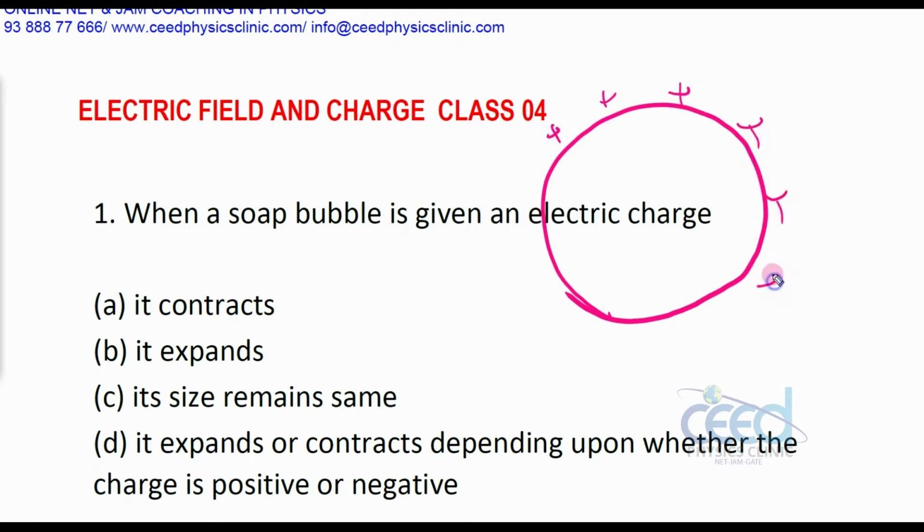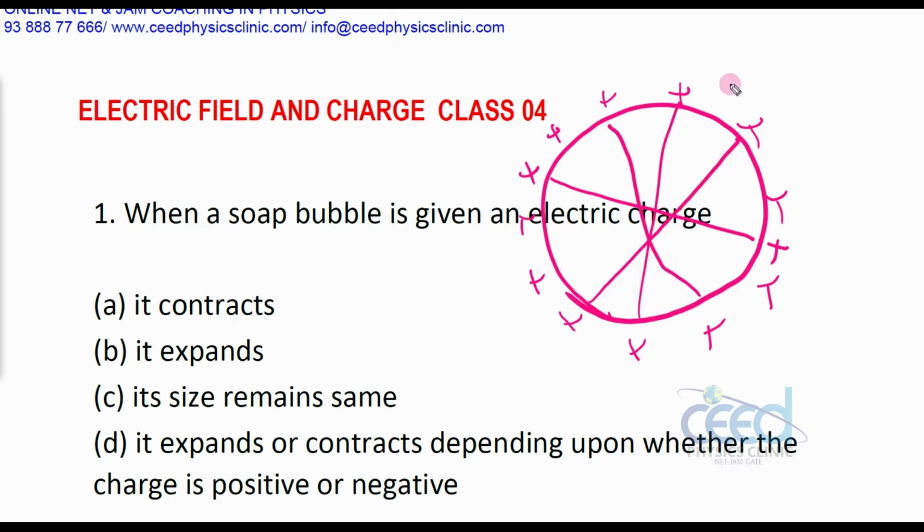That will uniformly distribute over this soap bubble, right? Here, diametrically opposite, we have charges. These charges will repel each other, so it has a tendency to expand due to this internal repulsion.